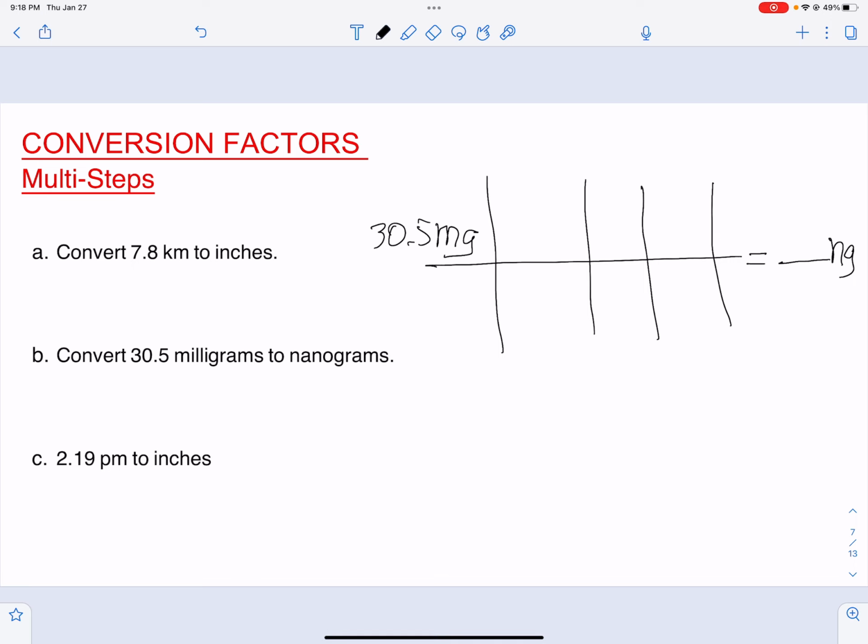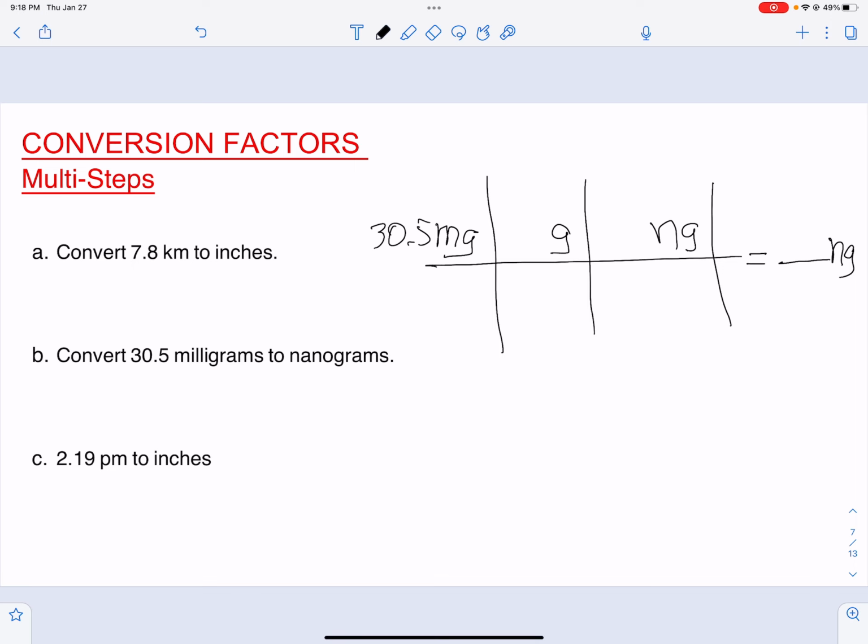I'm going to show you how to do this one multi-step, and then I'm going to show you how to do it in one step. Something I learned from a student last semester. So the easier way to do this would be to go from milligrams to grams, and then from grams to nanograms.